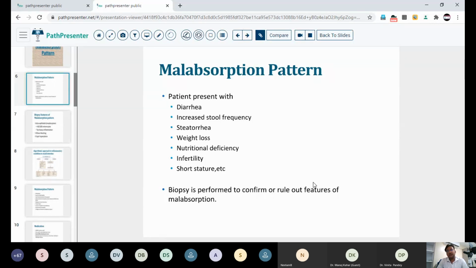In such cases, the biopsy is performed to confirm or rule out whether this is because of malabsorption or just a trivial symptom.